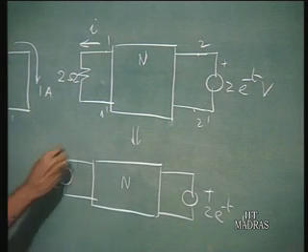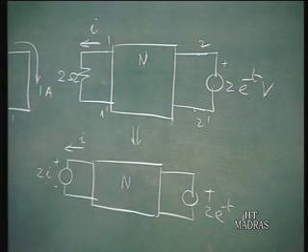And even in this case, the current here continues to be I. By using the substitution theorem, we have replaced this 2 ohm resistor by an equivalent voltage source.